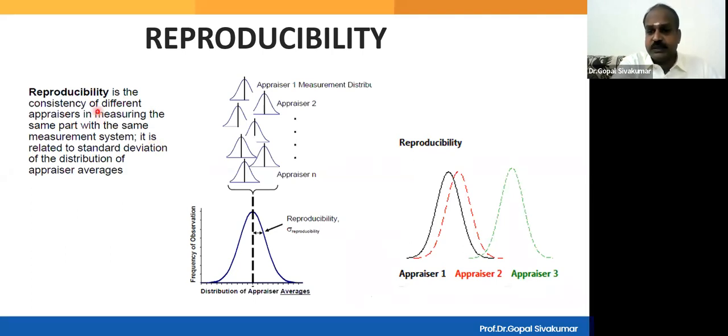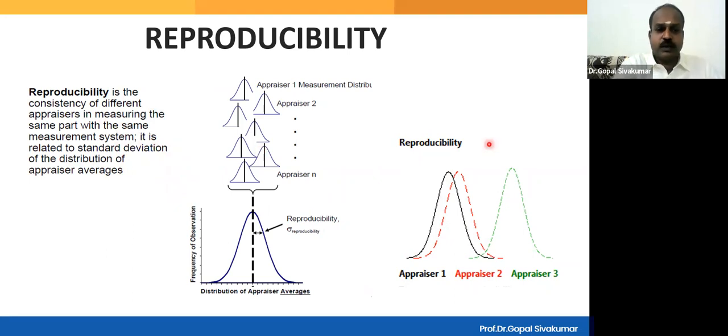If you want to estimate the reproducibility error, you simply measure the standard deviation of the appraisers' averages. See here, 3 appraisers are involved. So how many averages will you have? 3 averages. So calculate the standard deviation of the 3 appraisers' averages, and that standard deviation is an estimate of your reproducibility error.